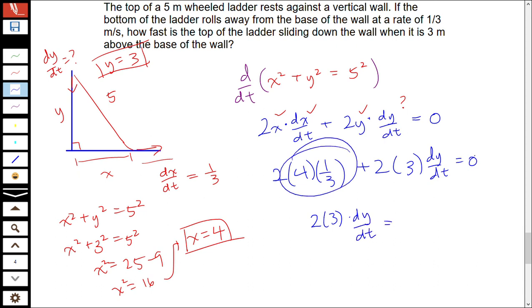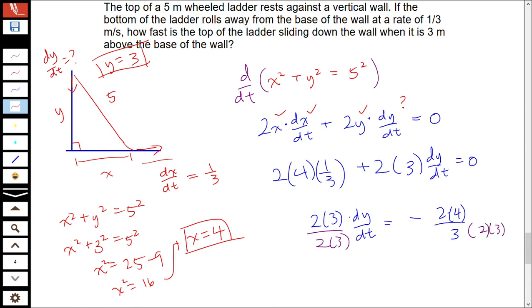And then let's bring this over to the other side, making it negative. So negative 2 times 4 over 3. Now let's divide both sides by 2 times 3. And I get dy over dt is equal to, cancel out the 2's, negative 4 over 9.